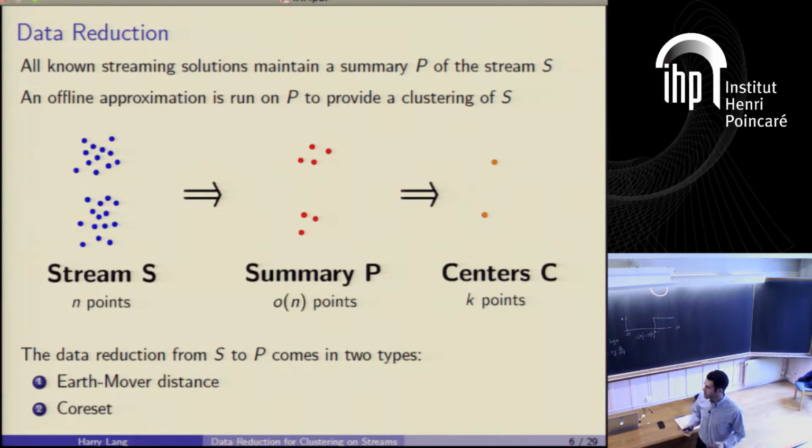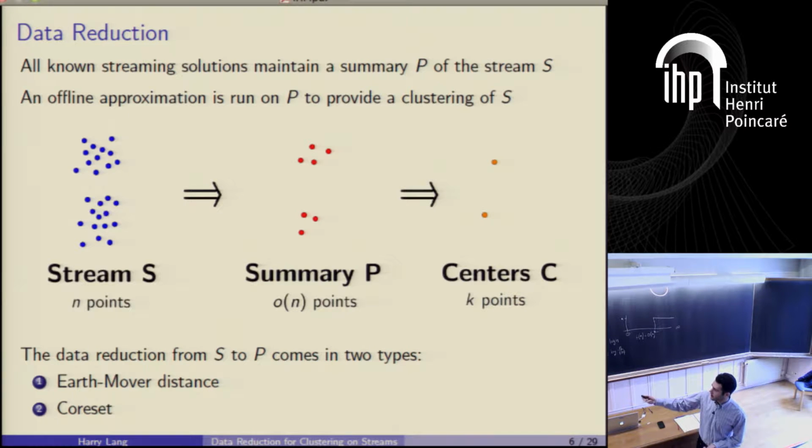So all of the solutions for these clustering problems have fallen into two categories so far, and all of them have the same workflow. They get the input set and reduce it into some small summary of the data. Then at the end, if you want to query for a solution, you run an offline approximation on your summary.